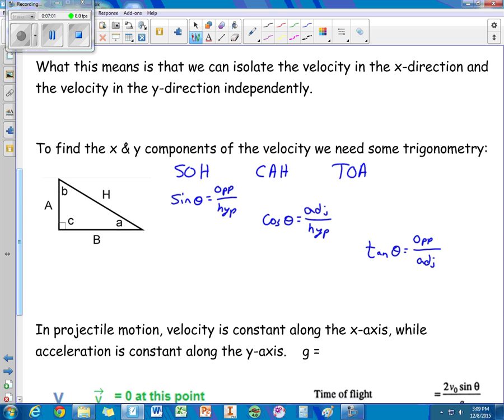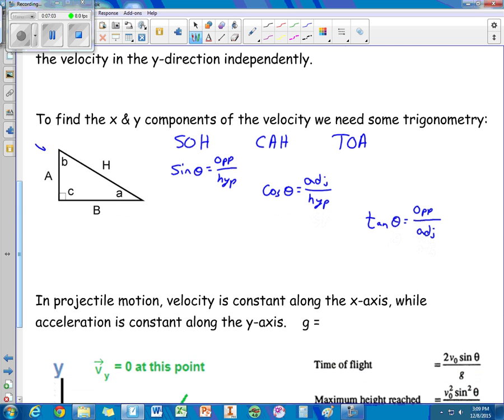So looking at this triangle here, sine of A would equal capital A over H. If I were to do some algebra with this, cross multiplying, I would see that A would equal H times sine of that lowercase a.